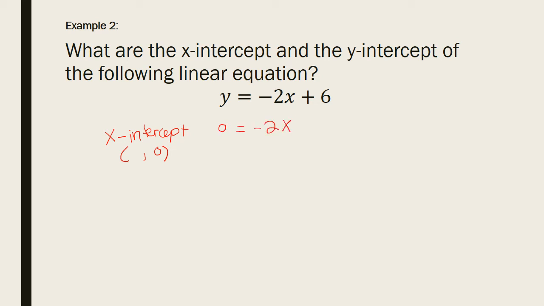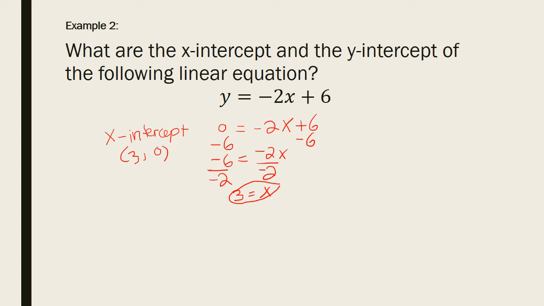And then I need to solve the equation for x. And when I solve the equation for x, I end up with x equals 3. So the x-intercept in this situation is (3, 0).